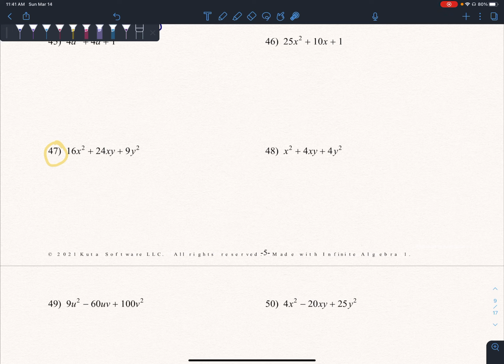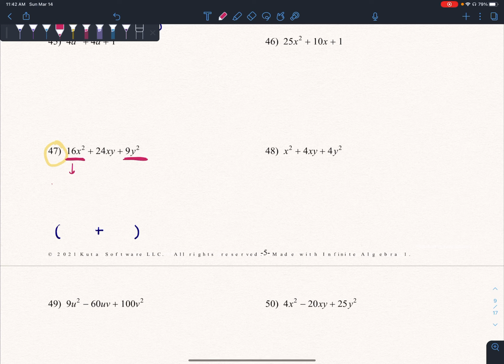Okay, now for number 47, this one is a little bit more involved since there's more going on in here. Generally, we don't have multi-term expressions like this. You'll need to know how to deal with this, but they're not as common in problems later on. So here again we only need to really focus on the first term and on the last term.